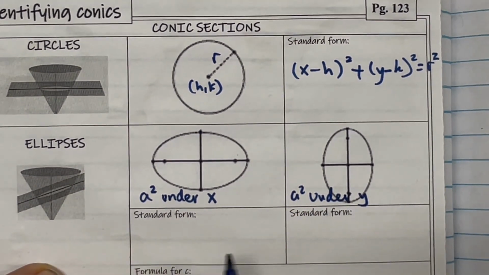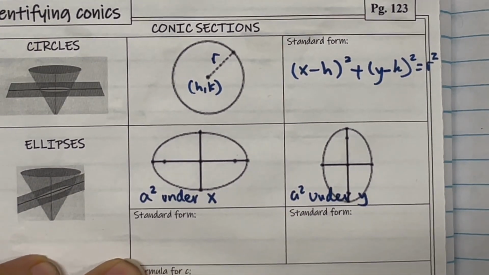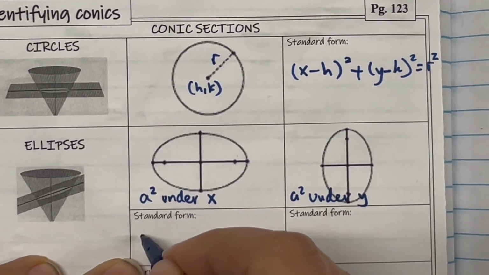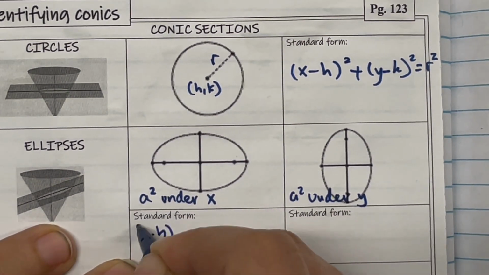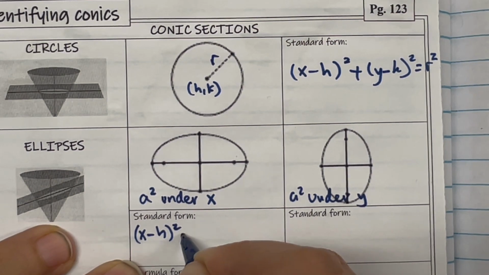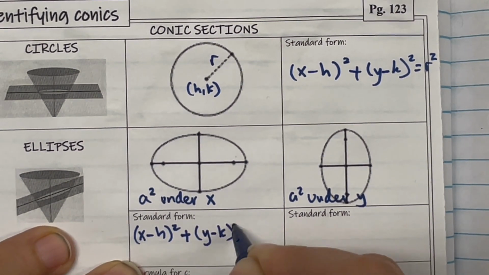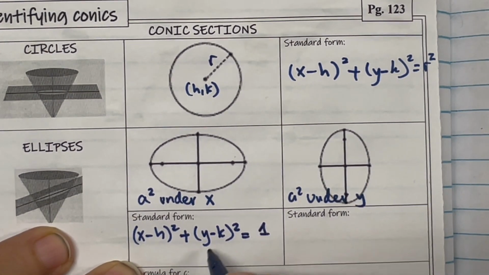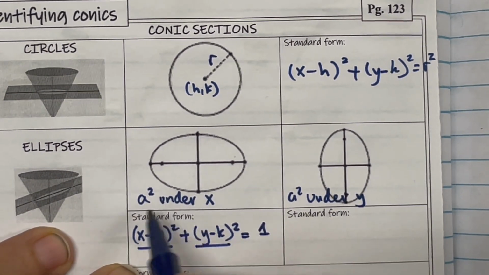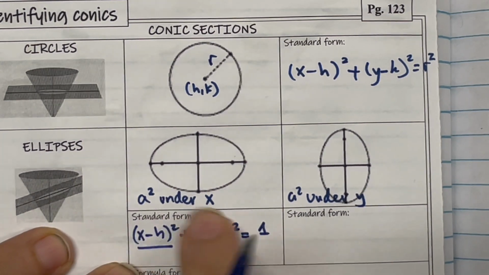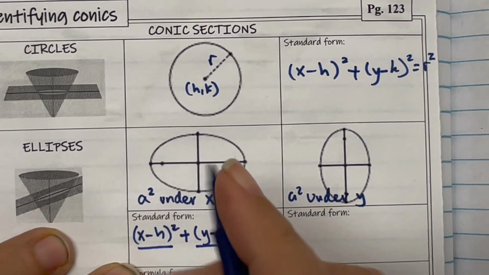And the way you write that, once you know where a squared is, it is always going to be (x minus h) squared plus, and this is very important, it's plus (y minus k) squared equals 1. And then the fractions are, for this one, a squared has to be under x because it's stretched horizontally.